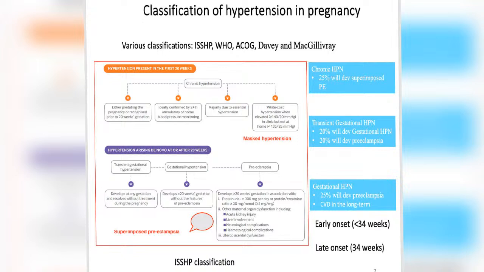Then we also have hypertension which arises after 20 weeks. When you have it and they realize that the mother's life is at stake, there is a possibility that education can be given, and then the baby will be terminated to save the mother.